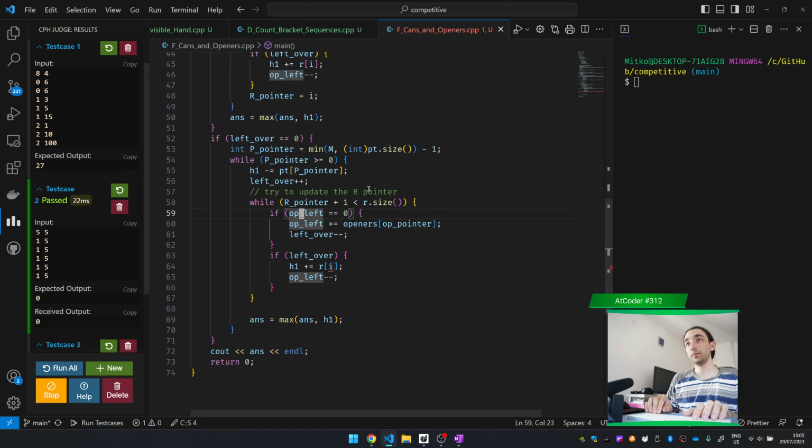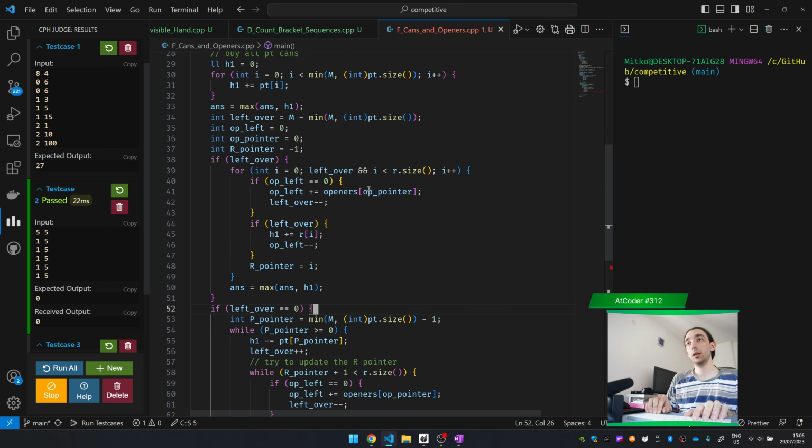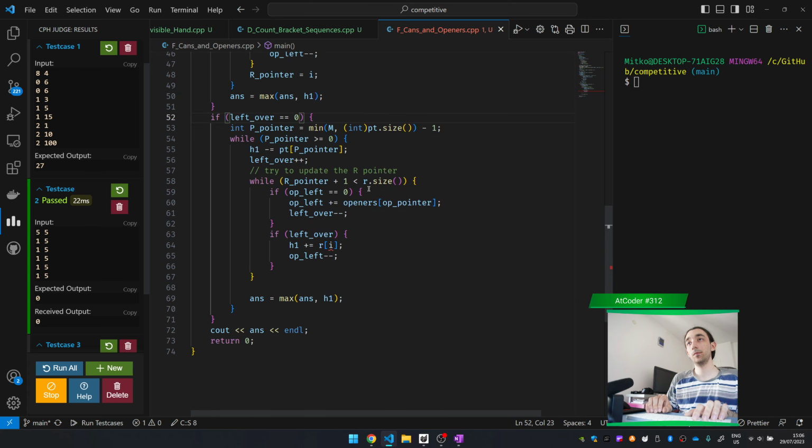If the cans are 0, we're going to find a can opener, and we're going to buy it.